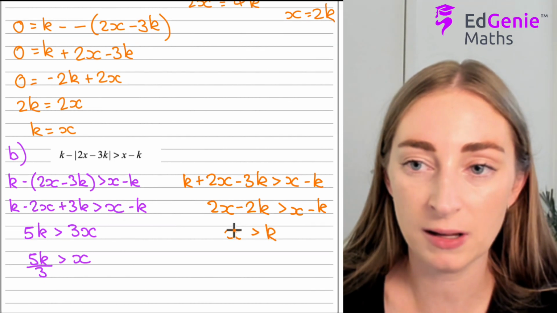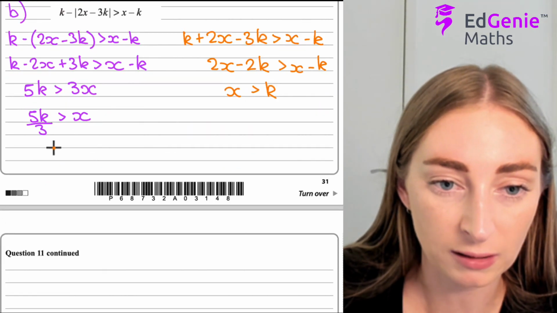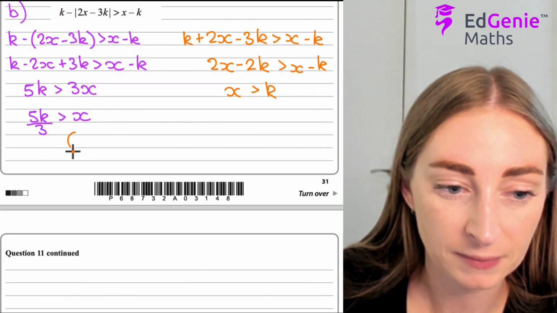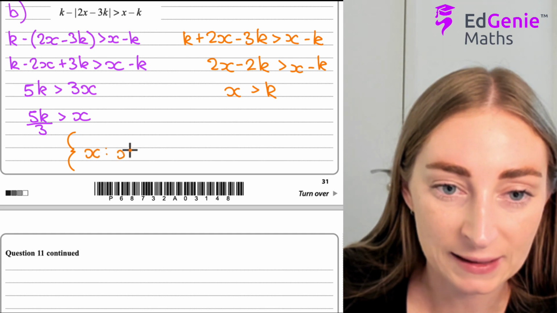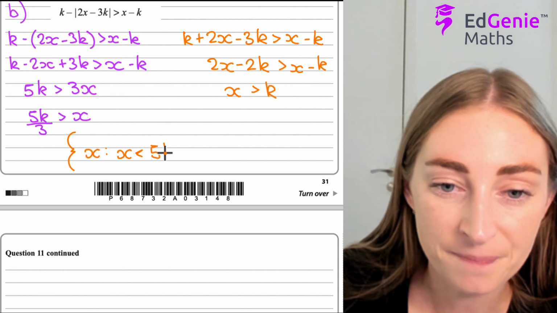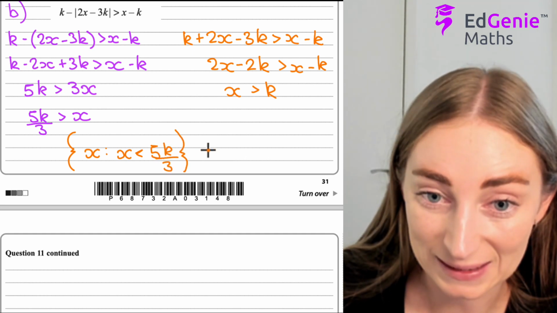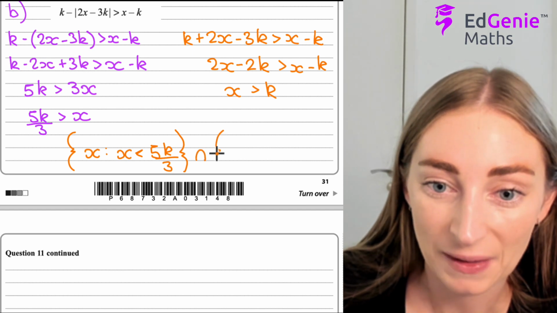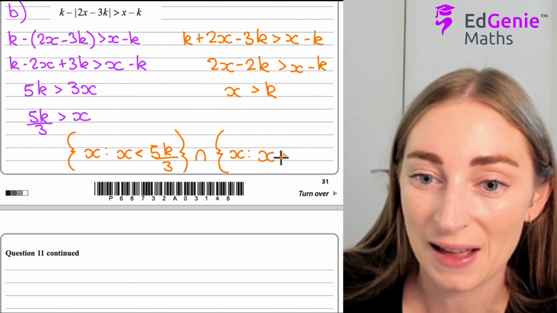So when we write this in set notation, it's going to look like this. x takes all the values for x less than 5k over 3, and x is also going to take all the values for x greater than k.